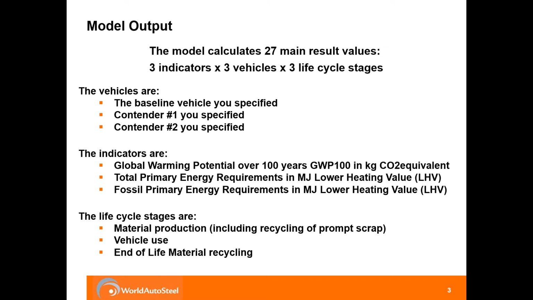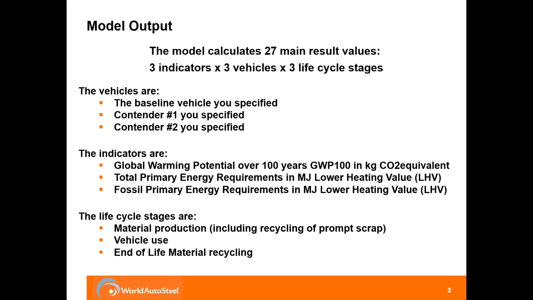These are 3 environmental indicators for each of 3 vehicles over 3 different life cycle stages. The 3 vehicles are a baseline vehicle that is specified by the user, and 2 contender vehicles, also user specified.